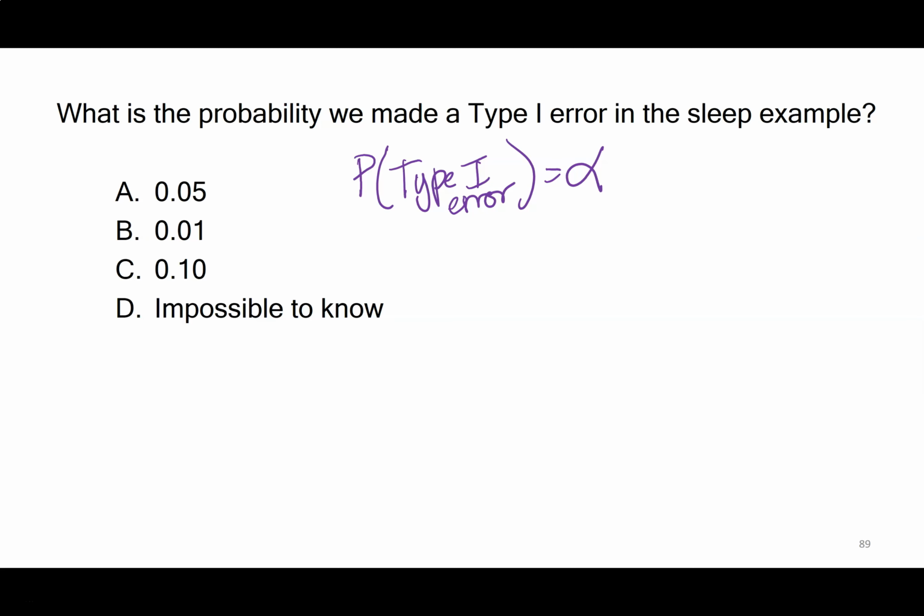But remember, type 1 error is when you reject a null when the alternative is not actually true. And FTR is fail to reject. We fail to reject the null, so even though the null isn't true, we didn't have enough evidence to reject it.